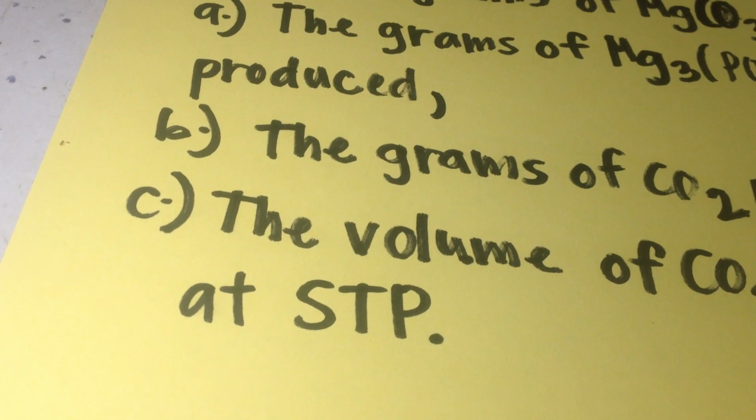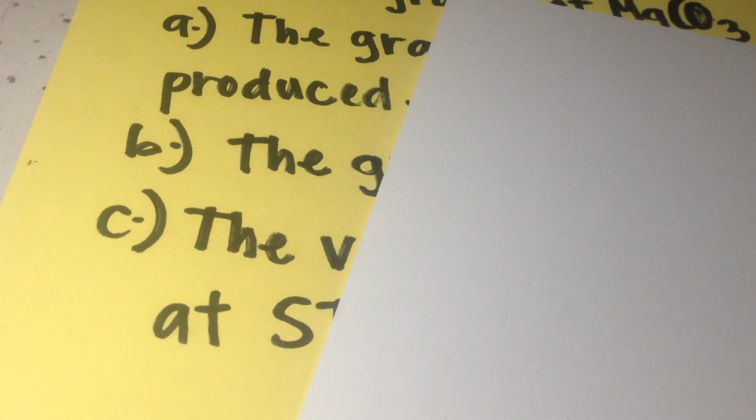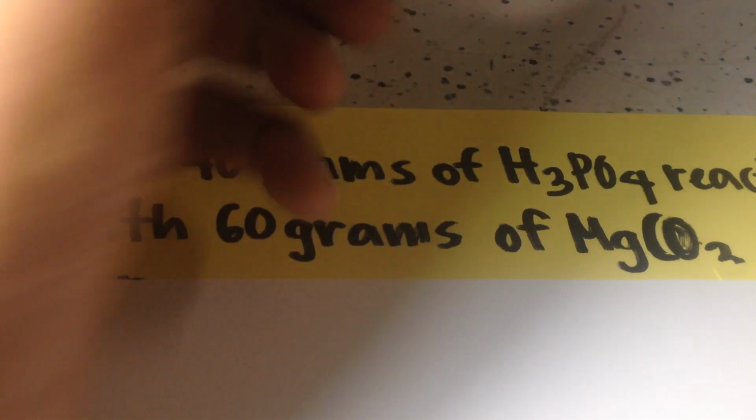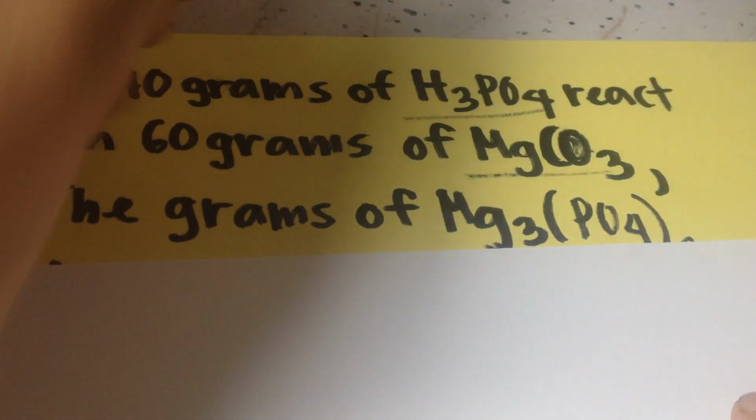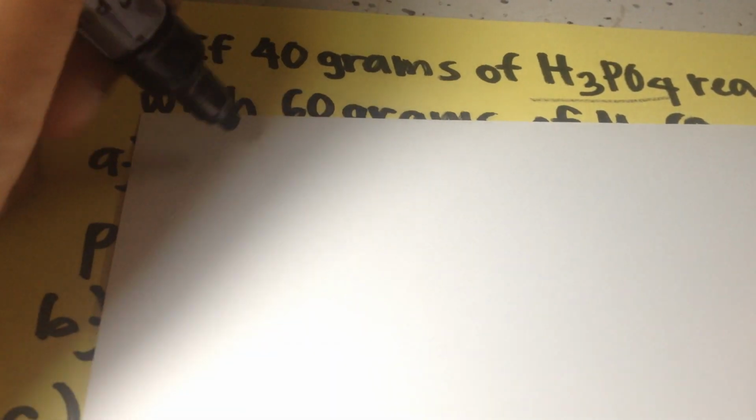So first step again, you need to write the balanced equation here. Let's write the balanced equation first. Phosphoric acid reacts with magnesium carbonate. So let's write a balanced equation here, number 2.